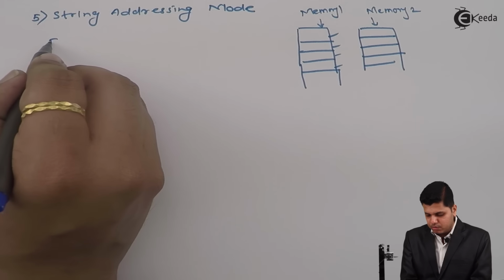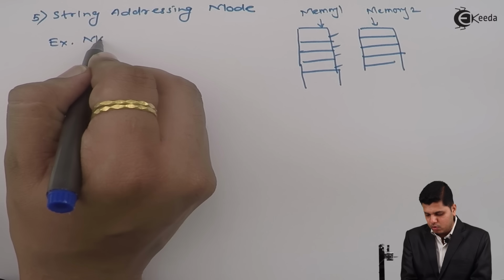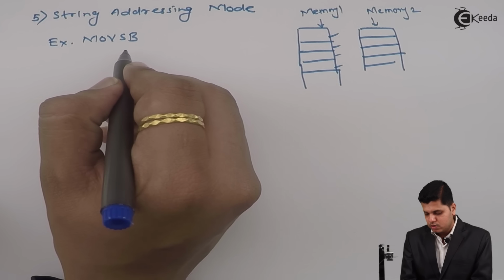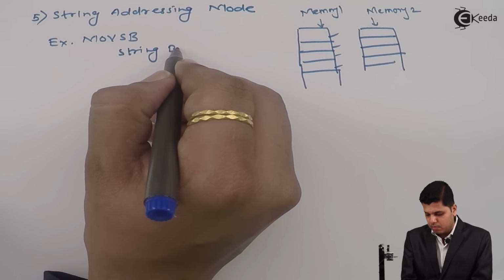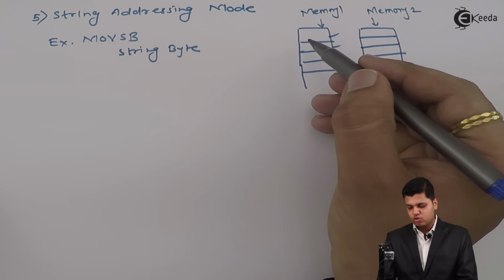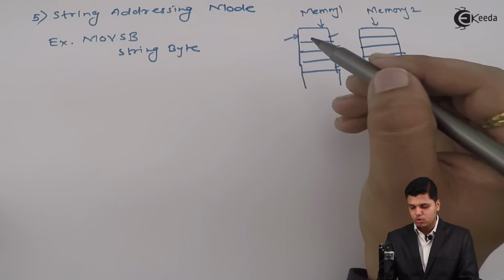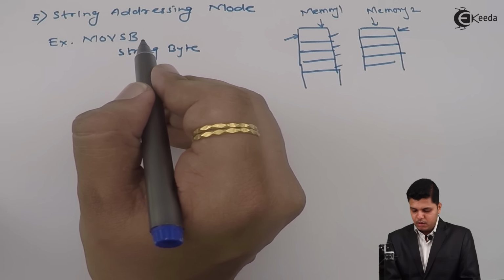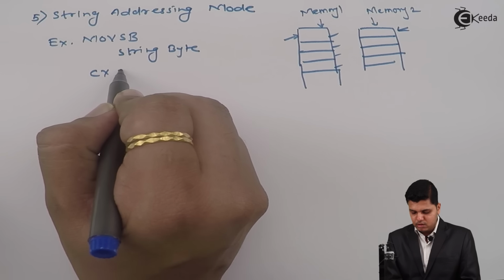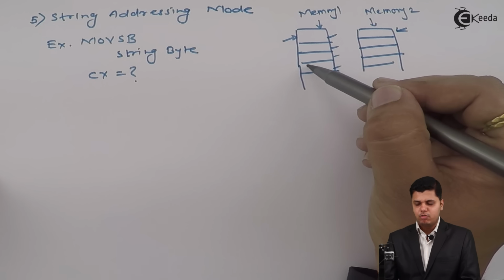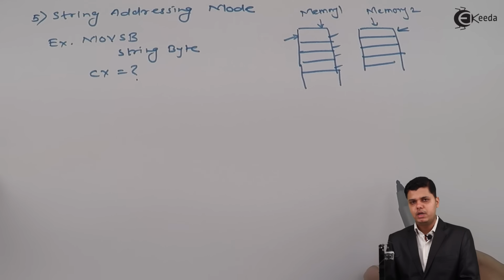One example of string addressing mode is MOVSB, which stands for move string byte. In this case, we know the source operand address and the destination operand address, and depending upon the count value stored in the CX register, that many contents of memory 1 will be copied to memory 2.